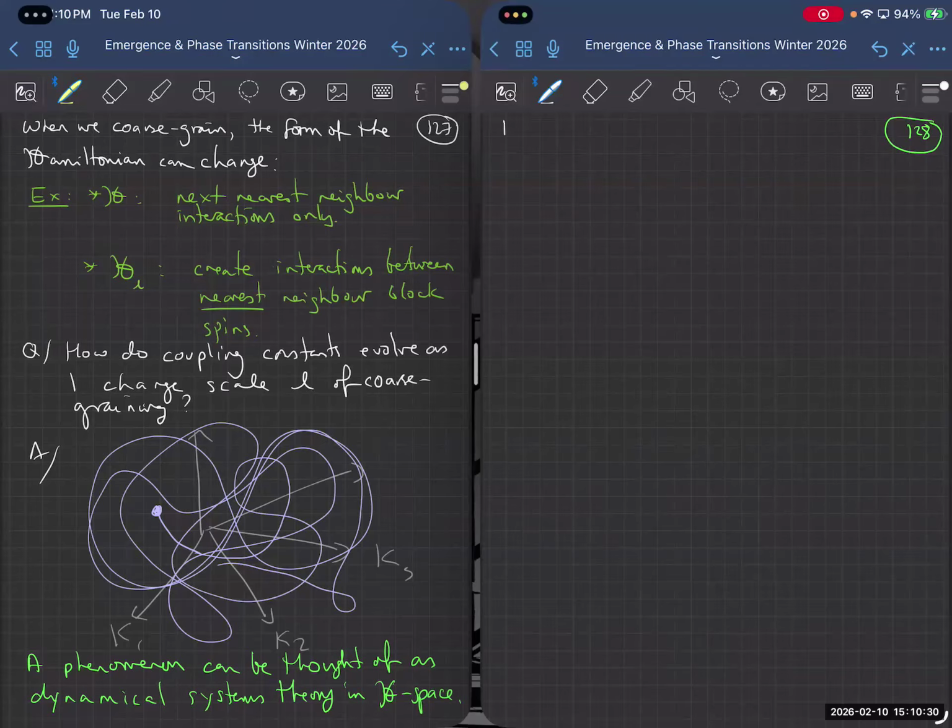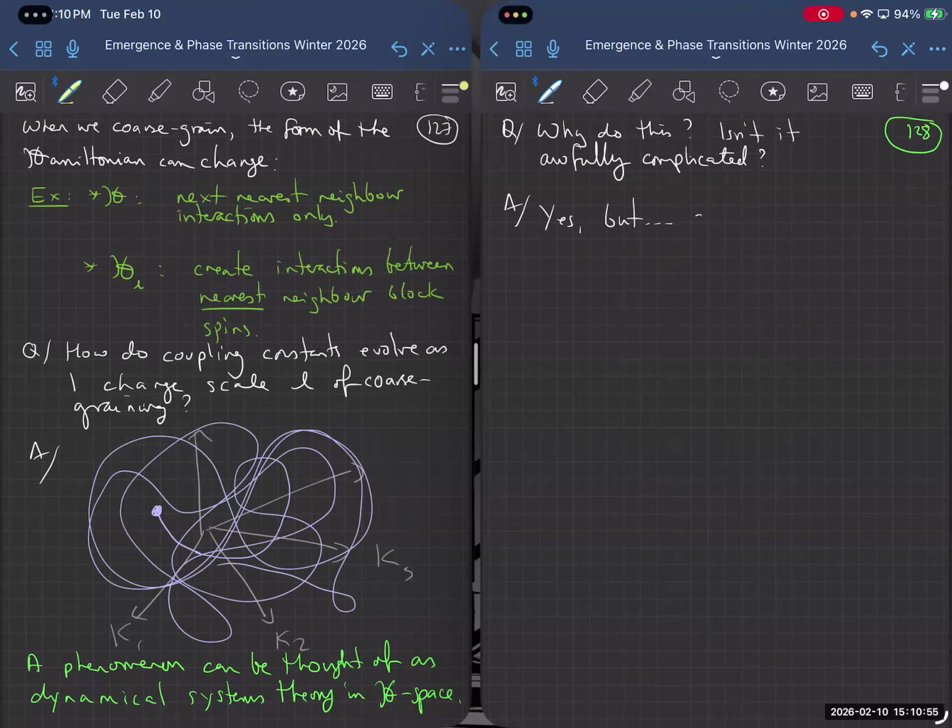So in writing, the question is, why do this? Isn't it awfully complicated? And the answer is yes, it is awfully complicated, but something nice can happen.